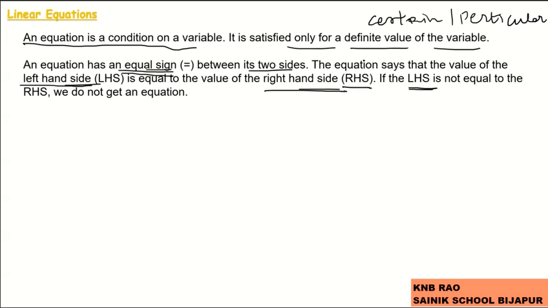If the LHS is equal to the RHS when we substitute some number in place of the variable, the equation is satisfied. If there is no equal sign, then that is not called an equation.